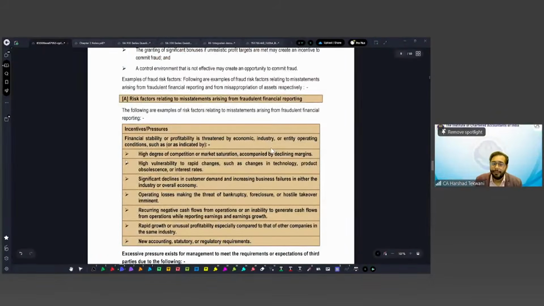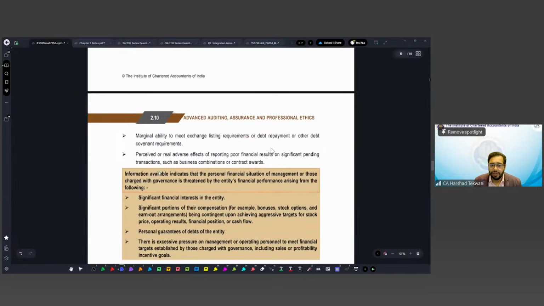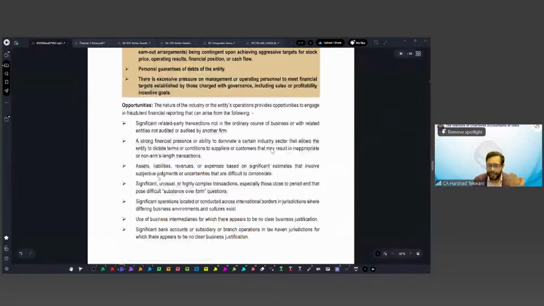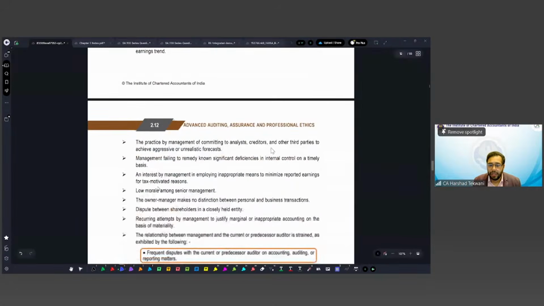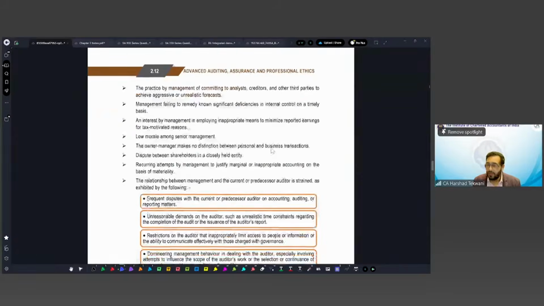These are examples of incentive and pressure, then the information available with the entity, examples of opportunities, and examples of rationalization, the three fraud factors basically. I recommend you read these very good examples of what could be the fraud risk factor with respect to rationalization, incentive, and opportunities.